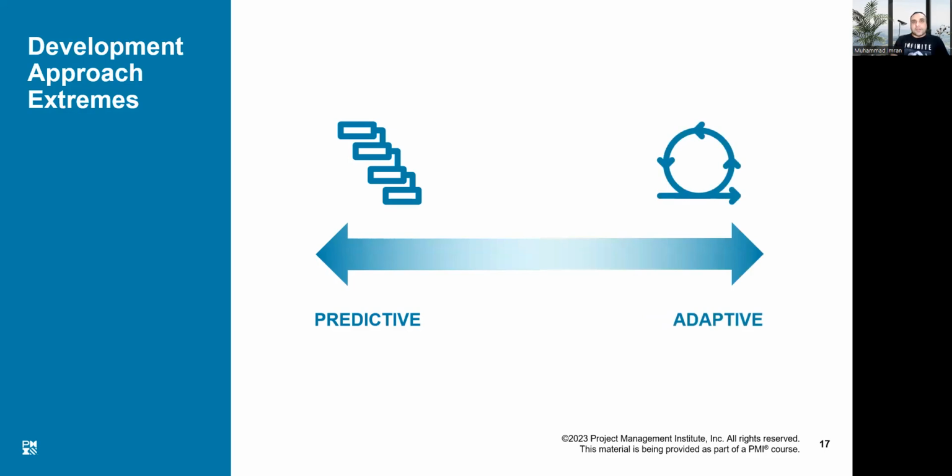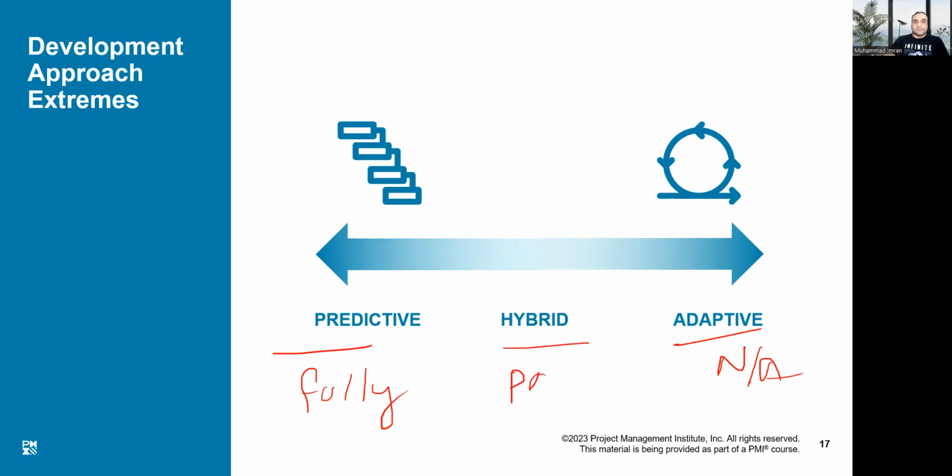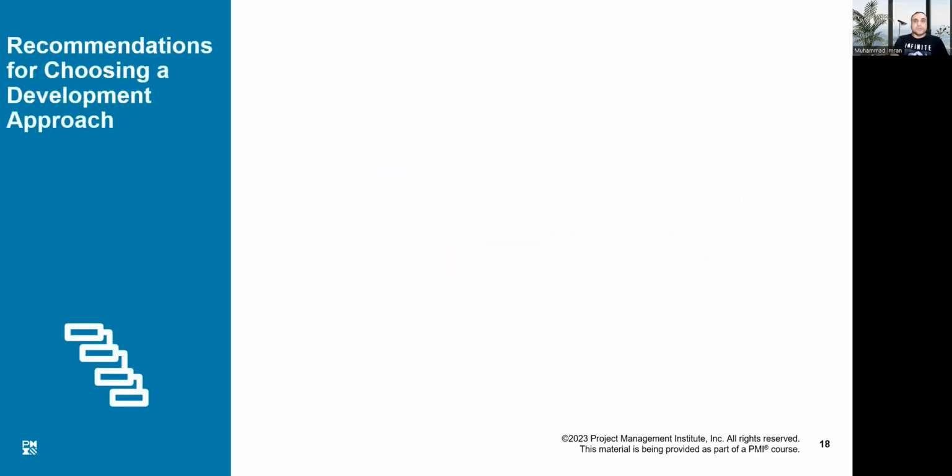And if we have some requirements known upfront and some of them are not clear, then we use hybrid approaches. So predictive, fully available. Adaptive, not available. And hybrid, partially available. So we will determine which type of approach we'll be using for the projects.